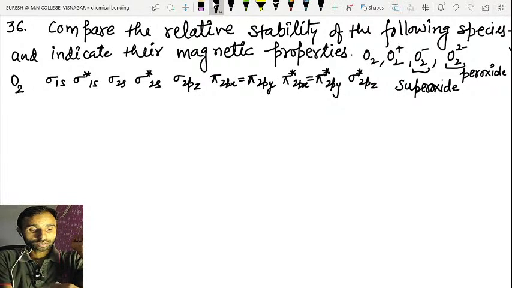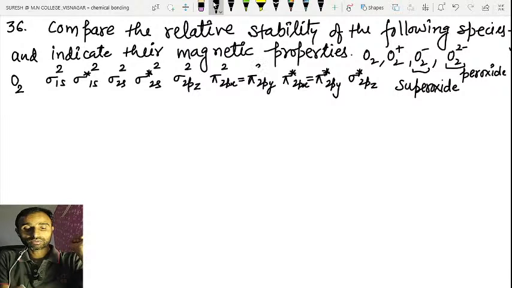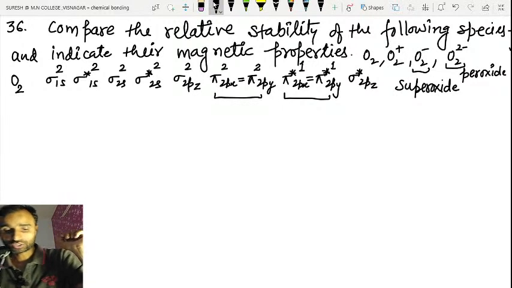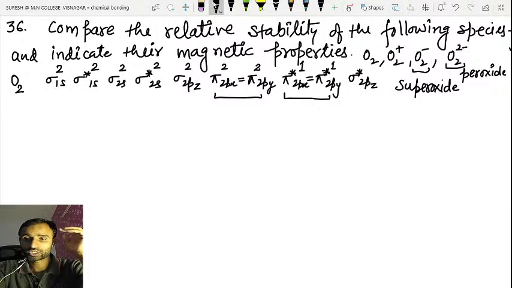So out of 16, 2 in sigma 1s, 2 plus 2, 4, 6, 8, 10, 11, 12, 13, 14, 15, 16. Done. Now 2 plus 2, 4, 6, 8, 10, 12, 14 and 16. So 1, 1 because both have the same energy. They are equal in energy, right? So this is in the order of increasing energies.